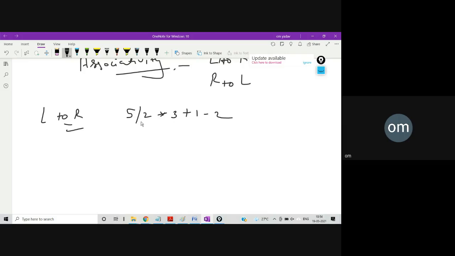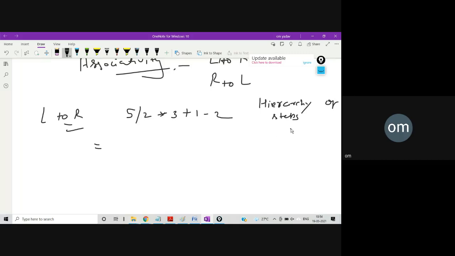Now I'll try to solve this particular expression step by step, and I'll also write the hierarchy of every step. So here I am writing the hierarchy of steps. First operation, what will I perform? The compiler will see the division and multiplication, and because they have the same precedence level, it will solve division first based on the associativity.